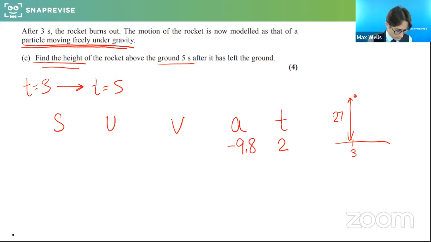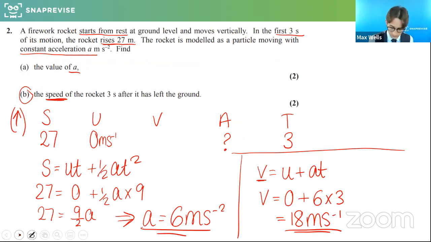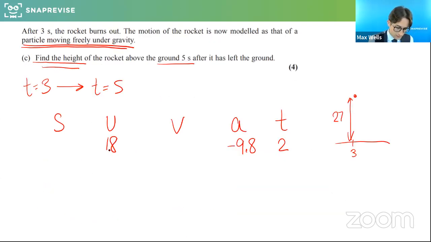Does that make sense? If we backtrack, that value was 18. This is really weird because although we're calling it u, it's happening a bit of the way through the motion. The final velocity it got up to before the fuel burned out becomes the new initial velocity. So when the fuel runs out, it is going at 18 meters per second.